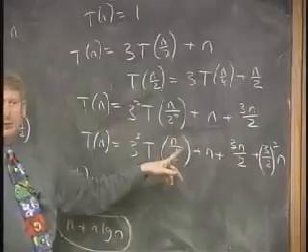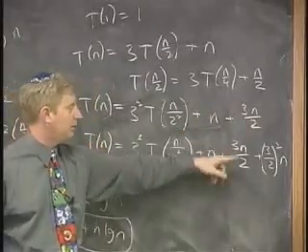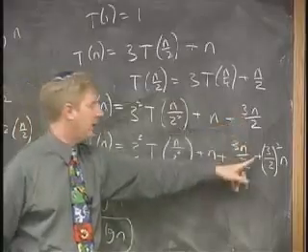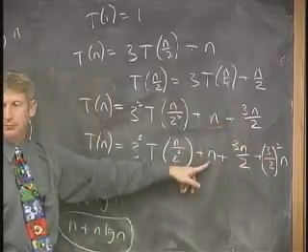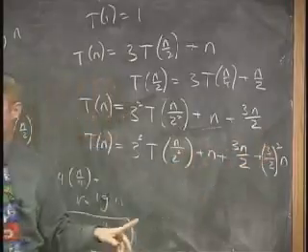This new term comes from the fact that we multiplied these old terms by 3/2. So this became 3n/2. This became (3/2) squared n. And then we had the original n from our equation. The next time, it would multiply each of these again by 3/2.